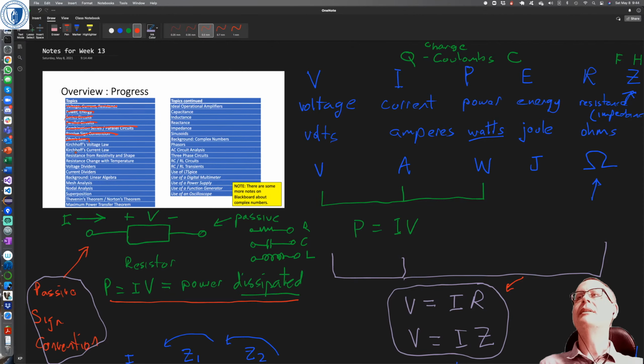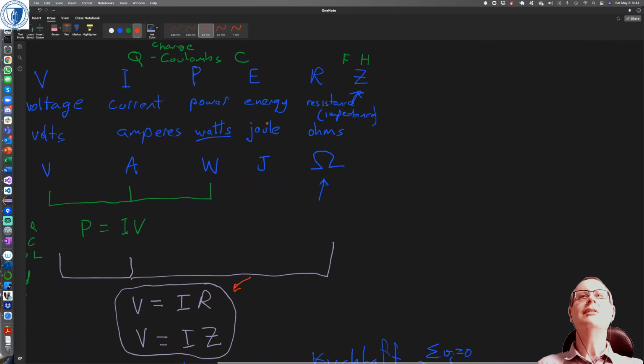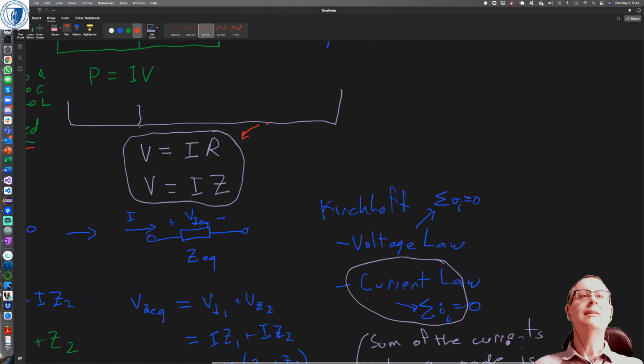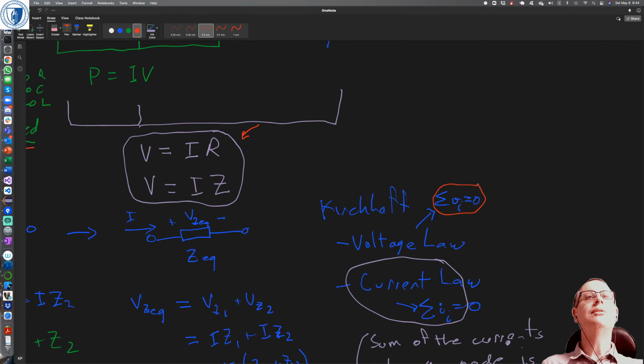And just remember the voltage law, the sum of the voltages around a loop. Ooh, we haven't defined loop. Let's go define loop. All right, so this sum is around a loop.